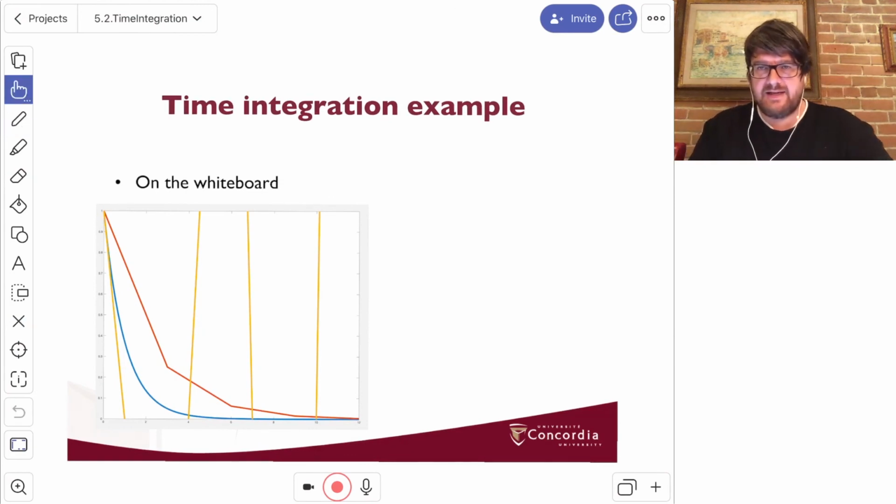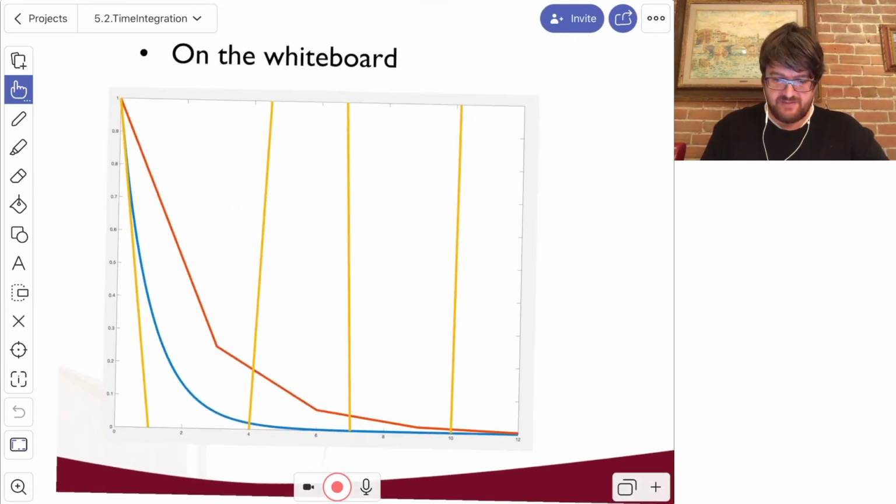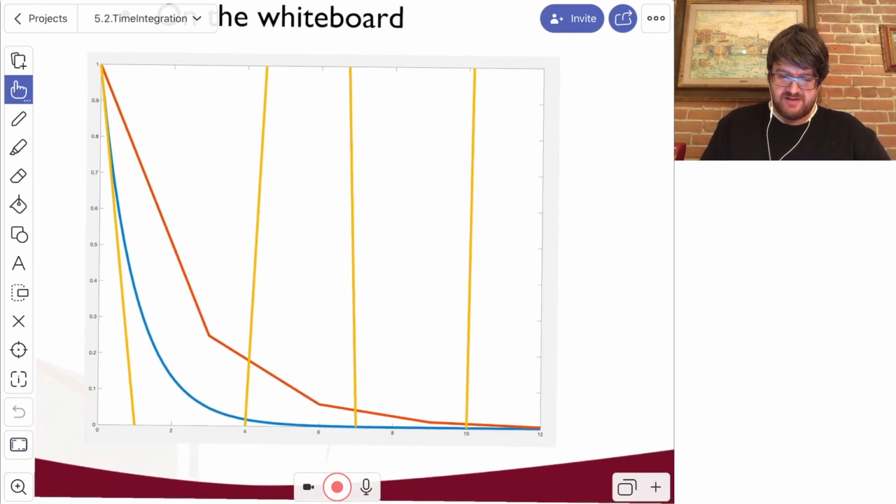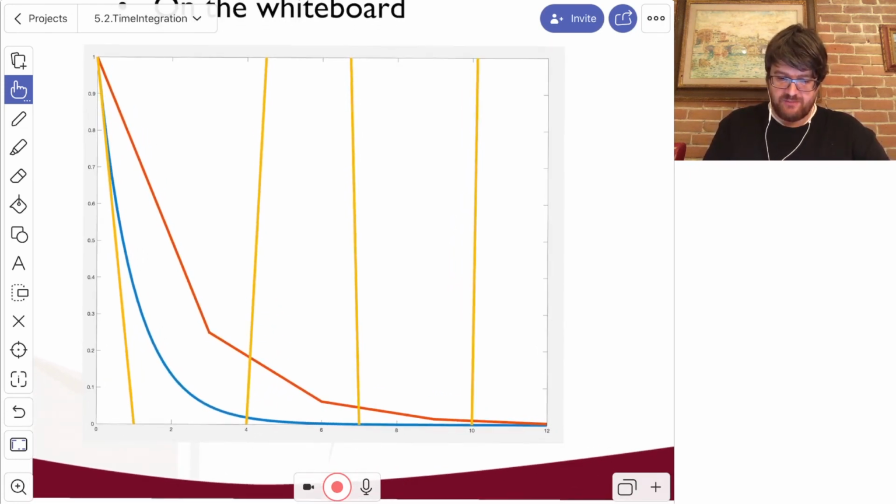So in the end, I decided to put the time integration example in a new video in itself. And so I want to clarify this image here. This image essentially shows the blue is the true y function, an example of a true y function.